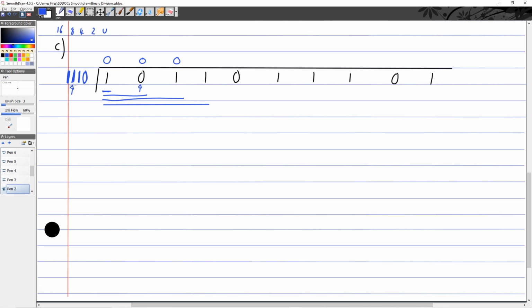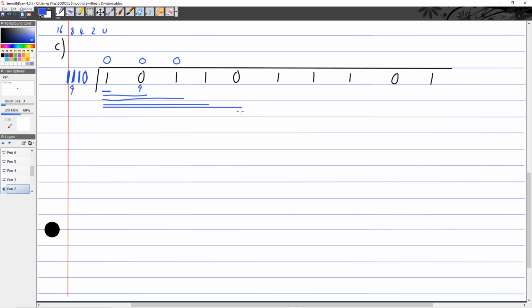So this number must be bigger than this one because they're both 4 bits long, but this has a 1 in the second column from the left, and this has a 0. So it will not fit into the first 4 digits. It won't divide into that. So we look at the first 5 digits.